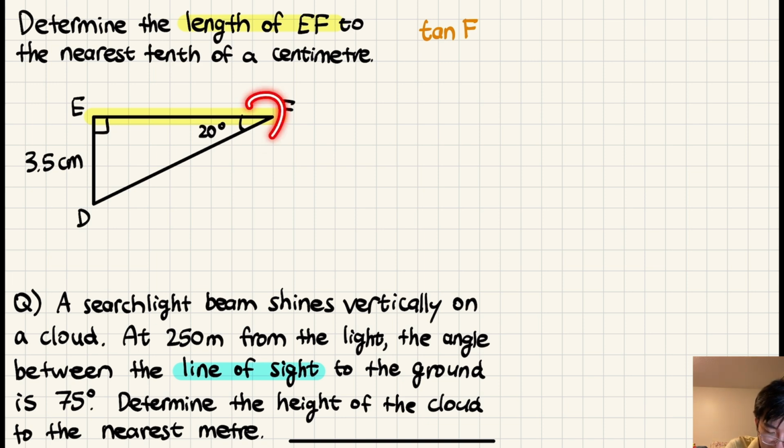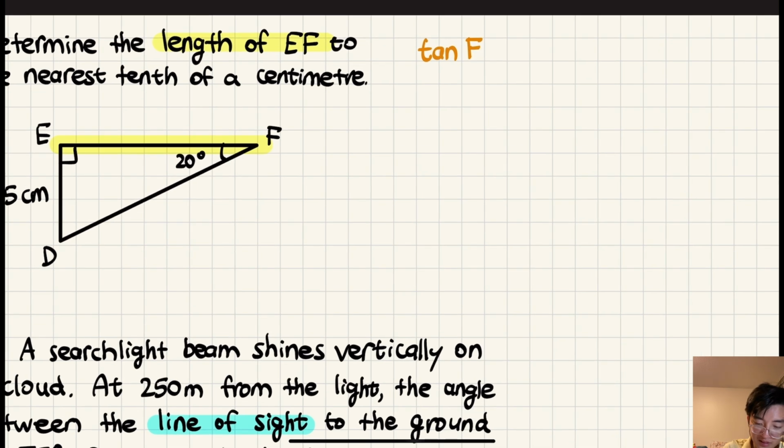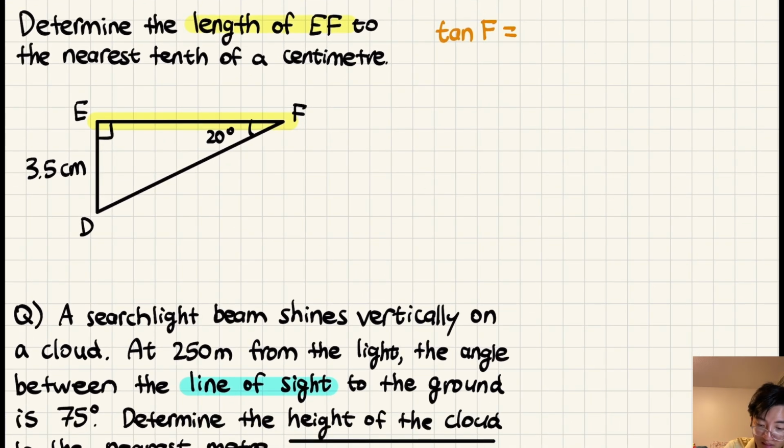So in this case, the side opposite to this angle F is ED, and the side adjacent to this angle F is EF. So the tangent of F is DE, let's do DE here so it's alphabetical, DE over EF, which is 3.5 over EF.